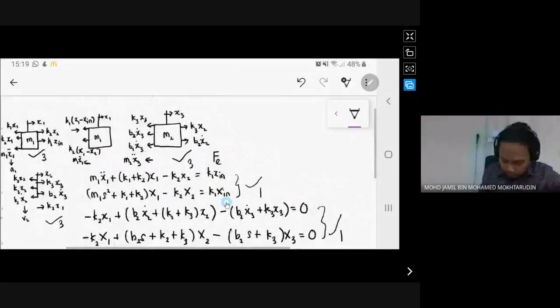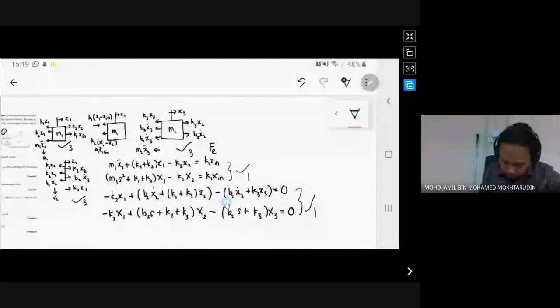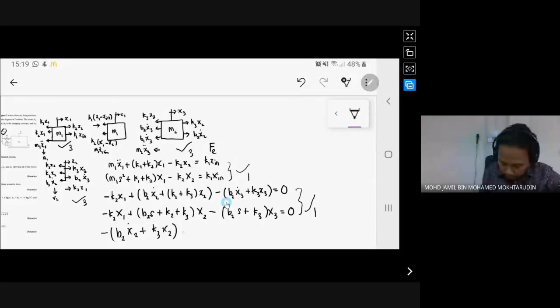So for X3, you have minus B2 X2 dot plus K3 X2 plus M2 X3 double dot plus B1 plus B2 X3 plus K3 X3 equals 0.